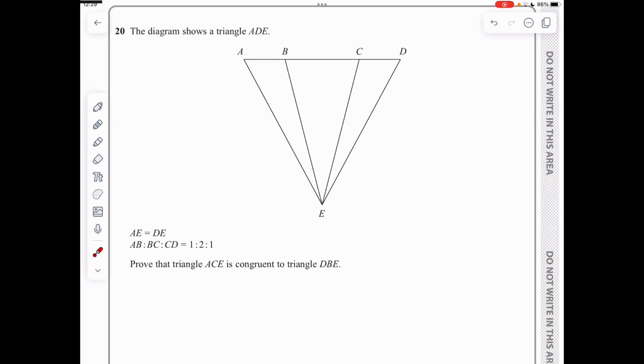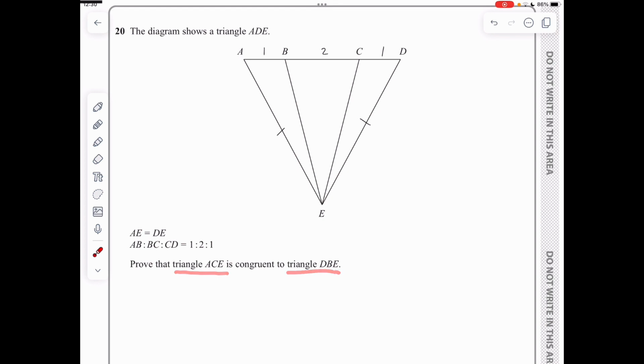In question 20, we're given triangle ADE such that AE and DE are equal in length, so we're looking at an isosceles triangle. We are also told that the ratio of AB to BC to CD is 1 to 2 to 1. So this is 1, this is 2, and this is 1. And we need to construct a proof showing that triangle ACE is congruent to triangle DBE.